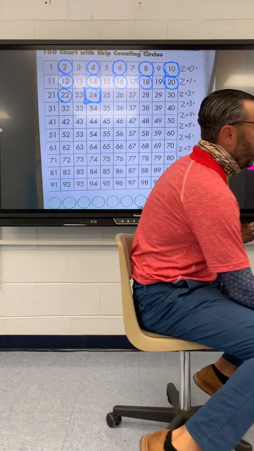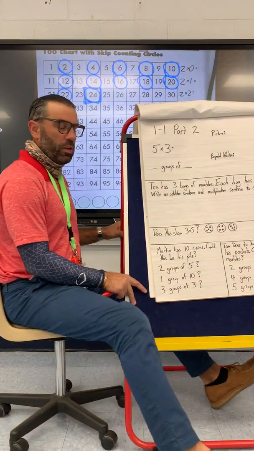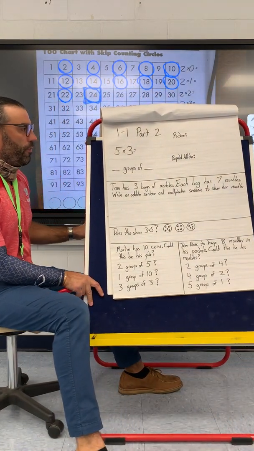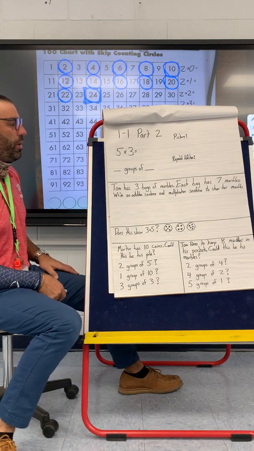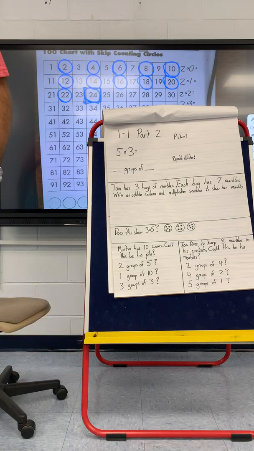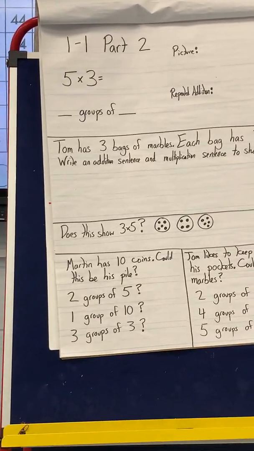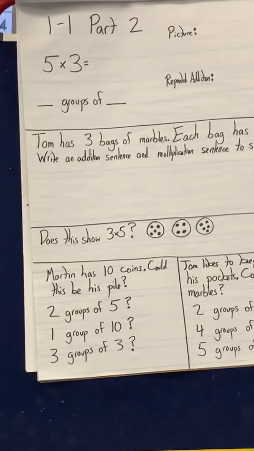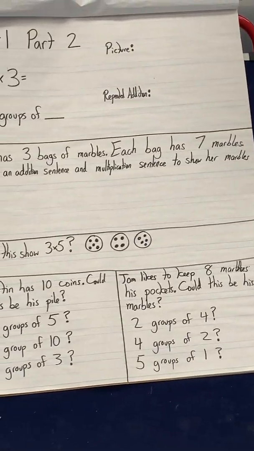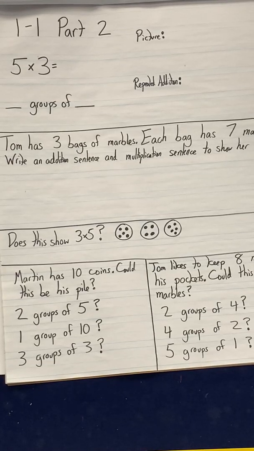So anyway, for today's lesson, we're doing 1-1, part 2, groups of, okay? So here we go. Say I had to do 5 times 3. What does 5 times 3 mean? Let me zoom you in here. 5 times 3 means 5 groups of 3, right?